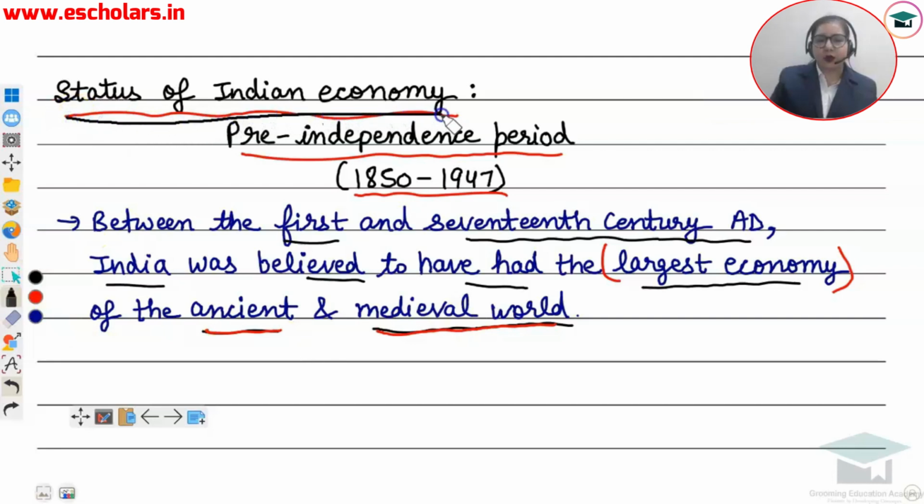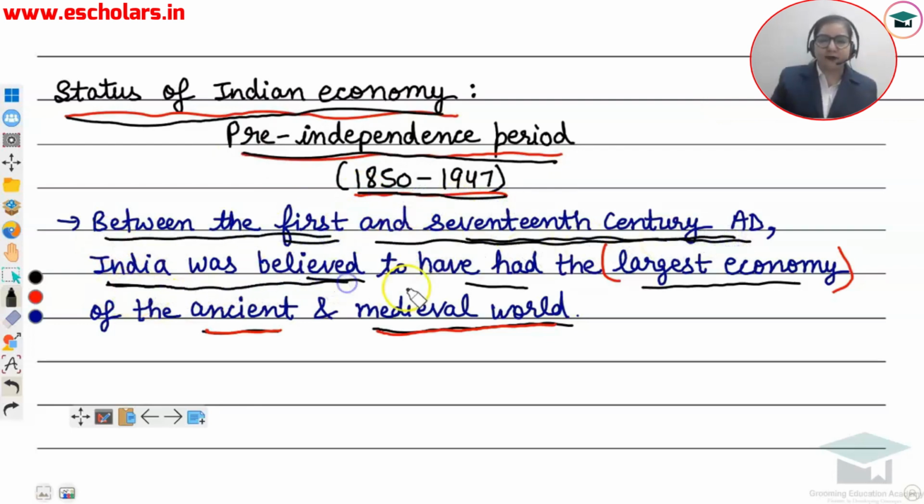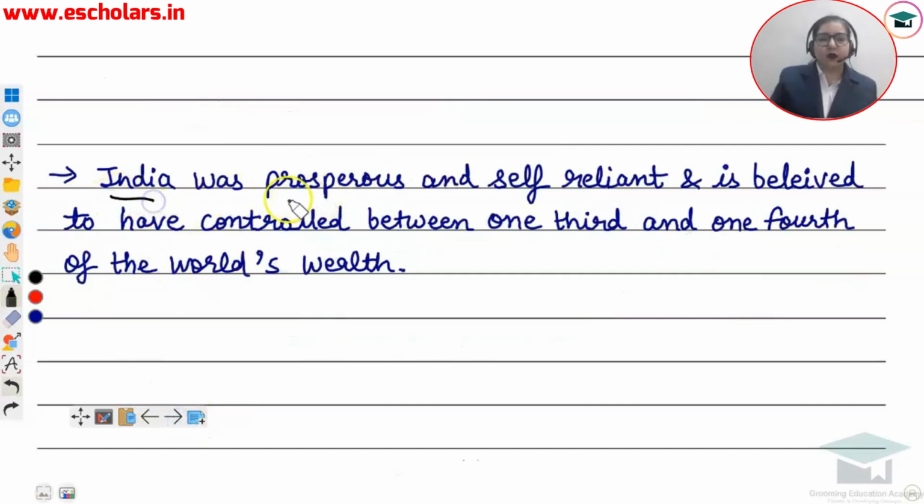Okay, so let's recall it till now. Status of Indian economy pre-independence period 1850 to 1947. Between the 1st and 17th century AD, India was believed to have had the largest economy of the ancient and medieval world. Next, students, India was prosperous, that is India was wealthy, or you can say a rich country, and India was self-reliant, that is India was independent.